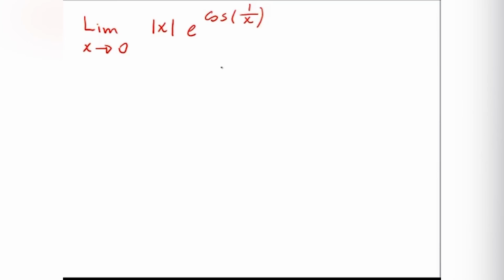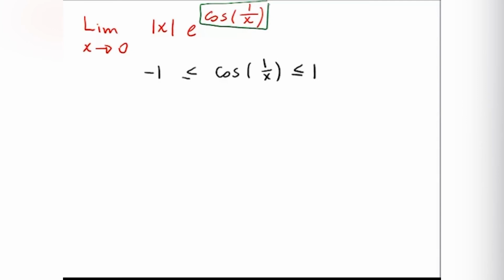It's very simple. I know first that cosine 1 over x is between -1 and 1. Now I'm going to build my function. I first have cosine of 1 over x.